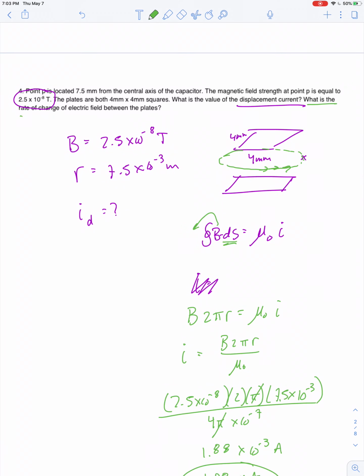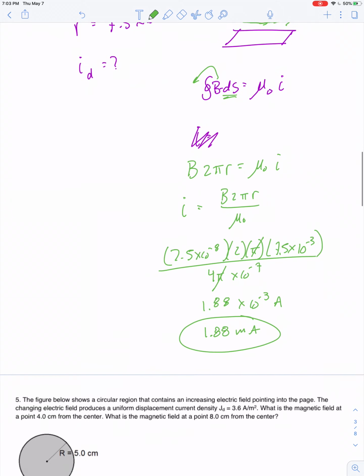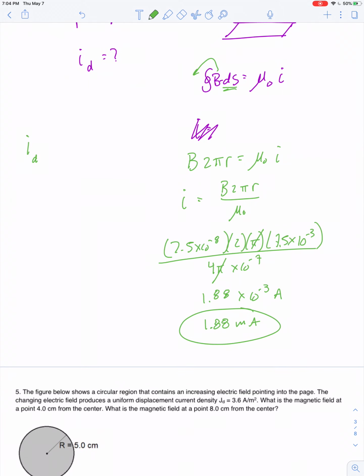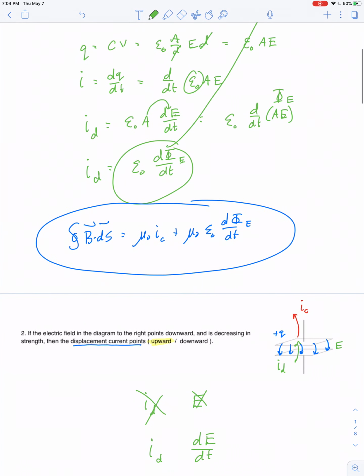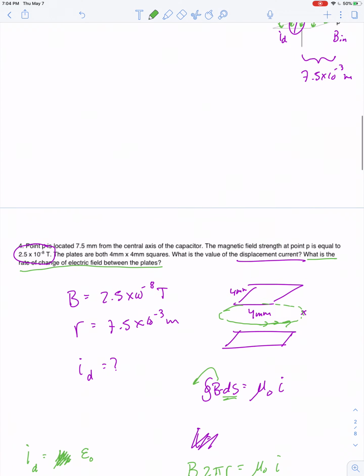Second part of this question: what's the rate of change of electric field? Displacement current is epsilon naught times the rate of change of flux.